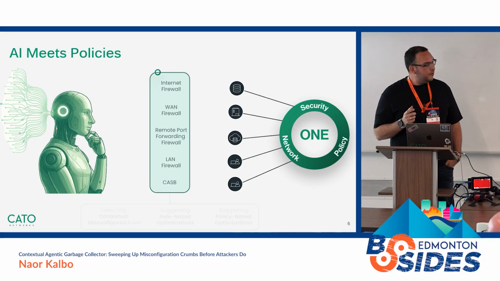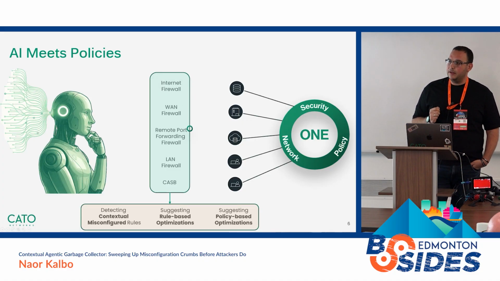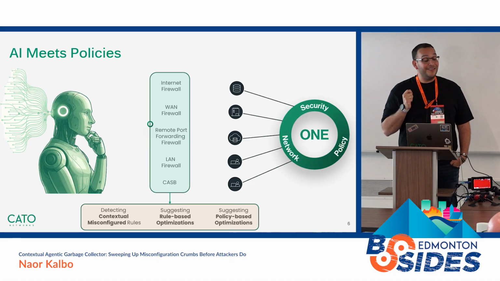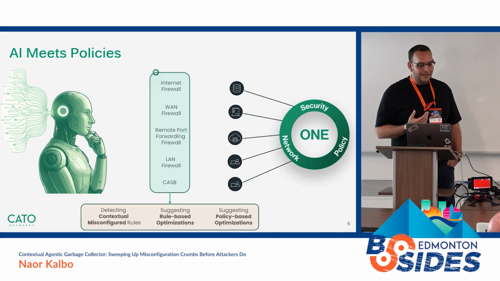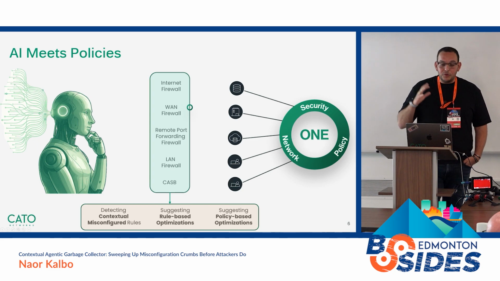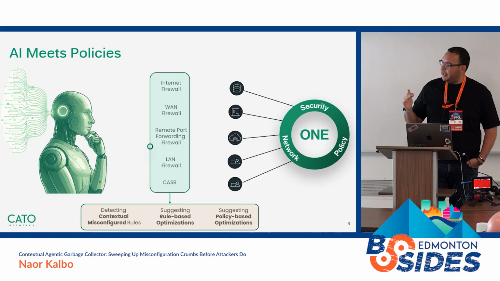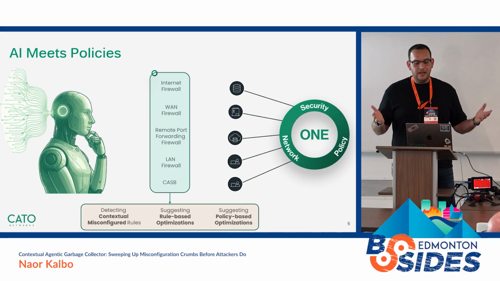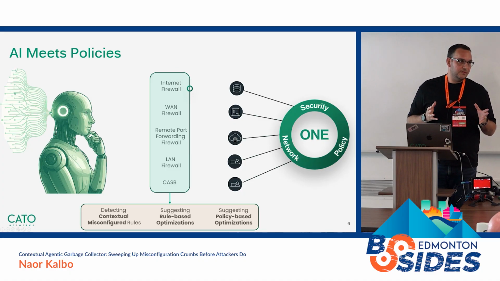And this convergence of worlds opens the door to some very powerful new types of insights, starting with the detection of contextual misconfiguration, which is a whole new set of security issues that live in the semantic dimension, to the ability to suggest optimization, not only at the level of an individual rule, but across an entire policy, which in some cases might consist of thousands of rules.